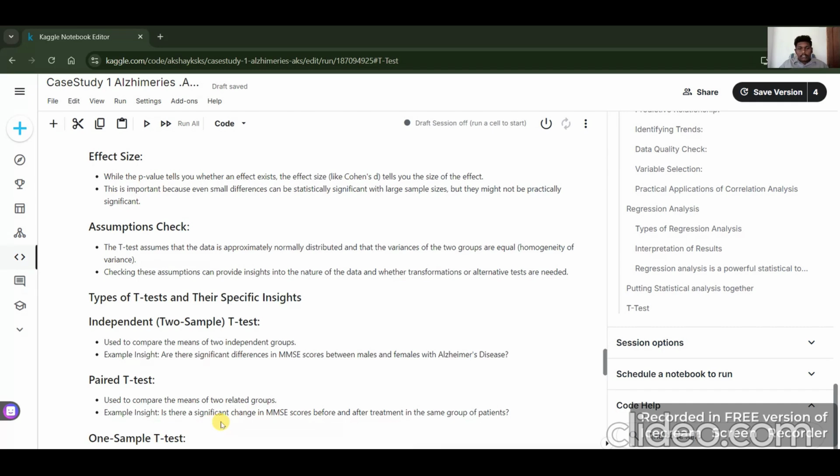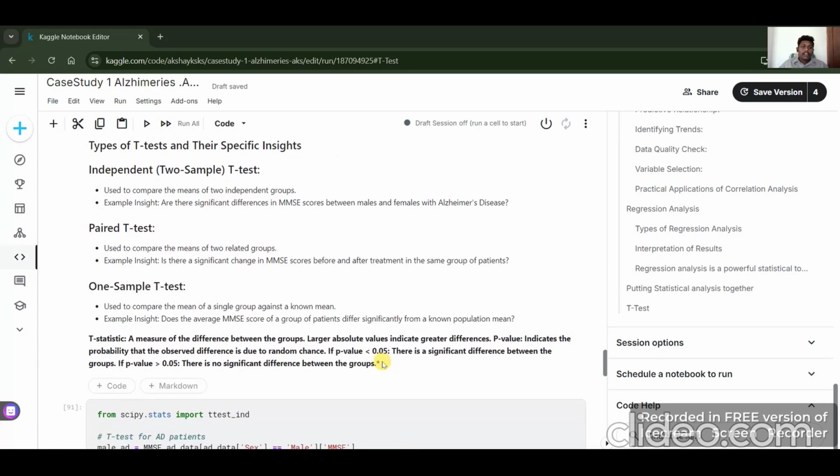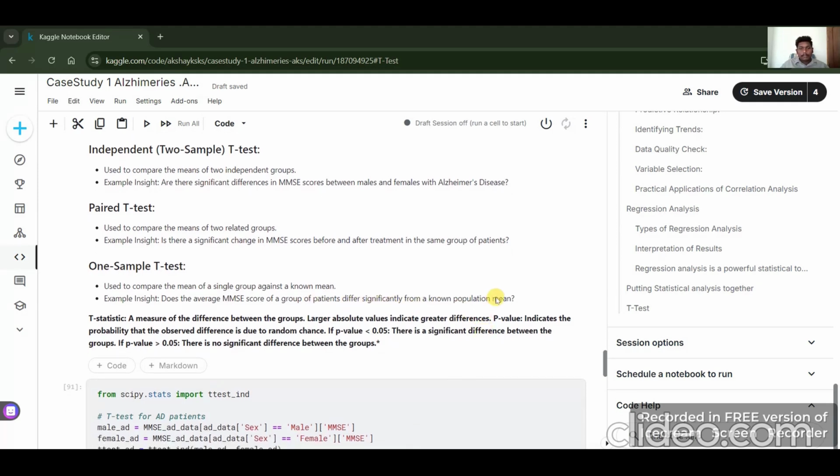Is there a significant change in MMSE scores before and after treatment in the same group of patients? The one-sample t-test is used to compare the mean of a single group against a known mean. Example: does the average MMSE score of a group of patients differ significantly from a known population mean?